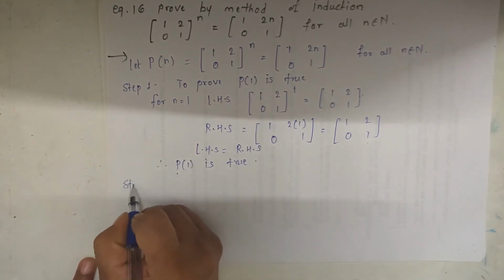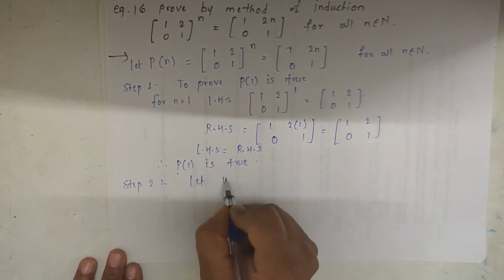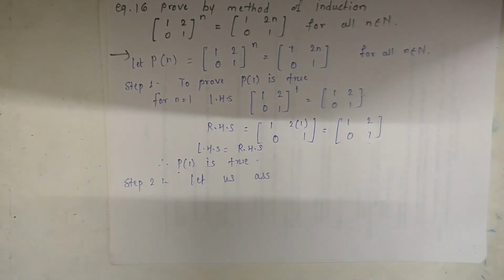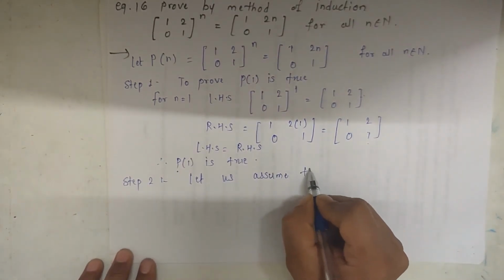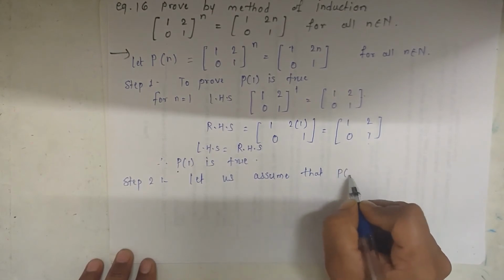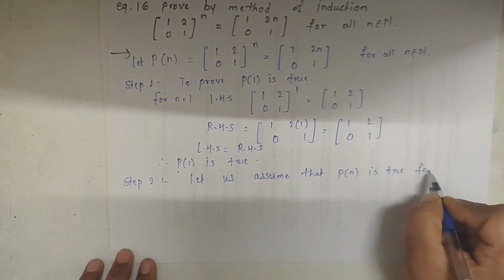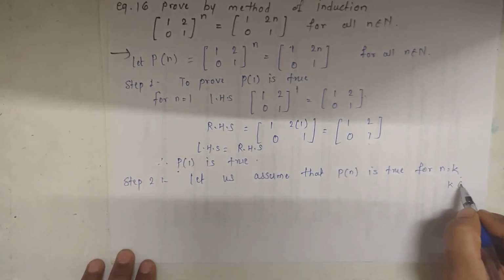Now in step 2, let us assume that the given statement is true for n is equal to k. So assume that P of n is true for n is equal to k, where k belongs to the natural number n.